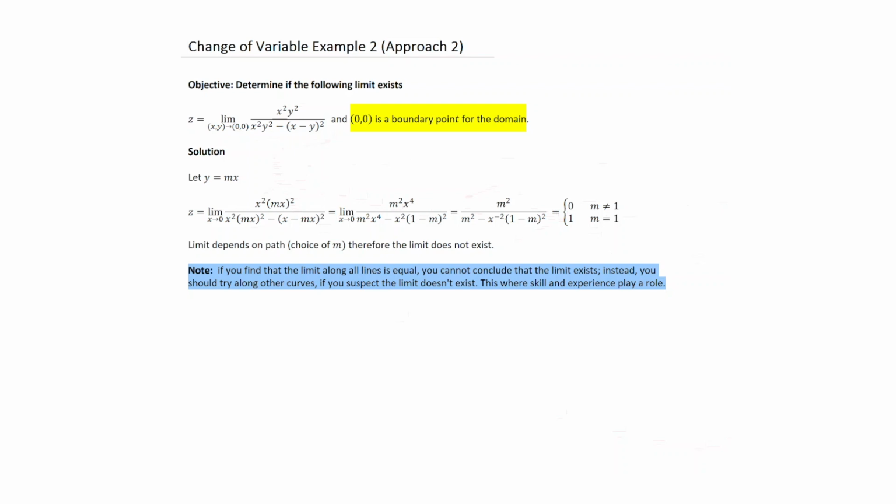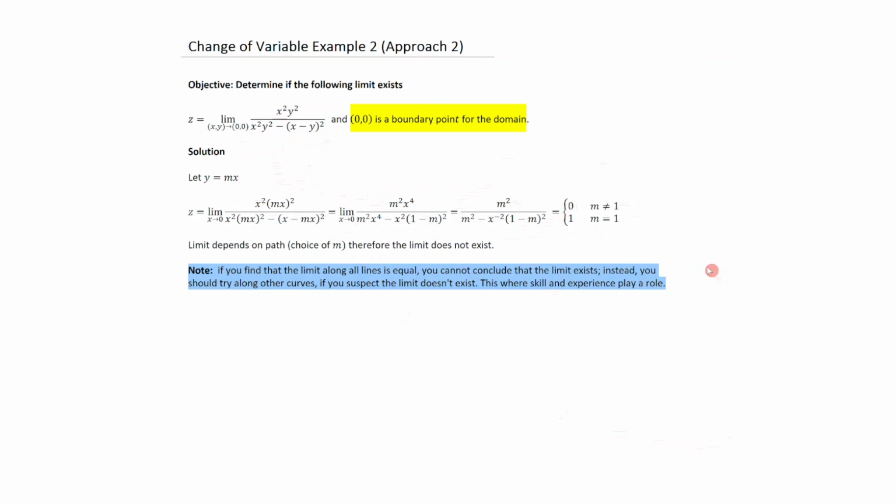For instance, if m is not equal to 1, and x goes to 0, as x goes to 0, y goes to 0, which is the same. So if x goes to 0, what happens to this term here? This is m not equal to 1. Well, this whole term basically becomes vanishingly small and approaches 0.